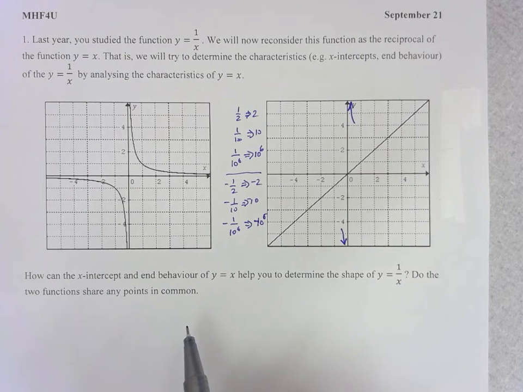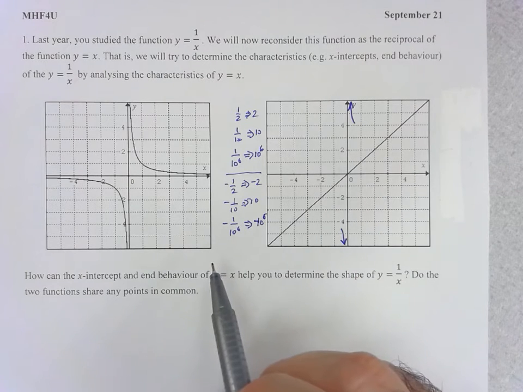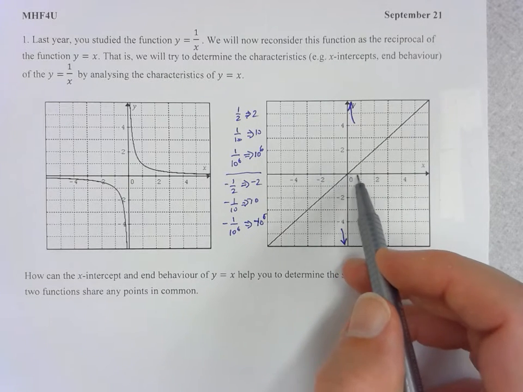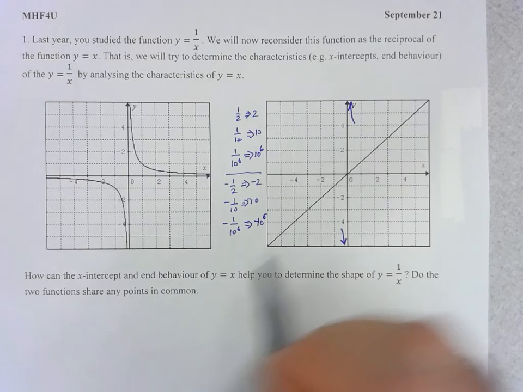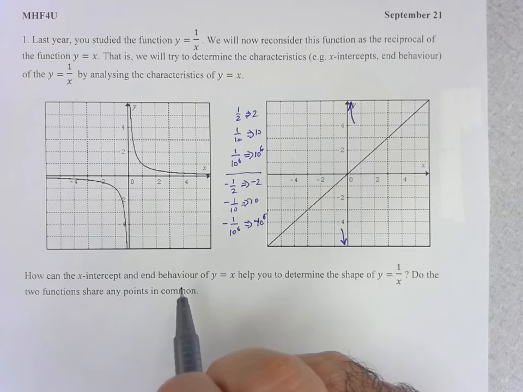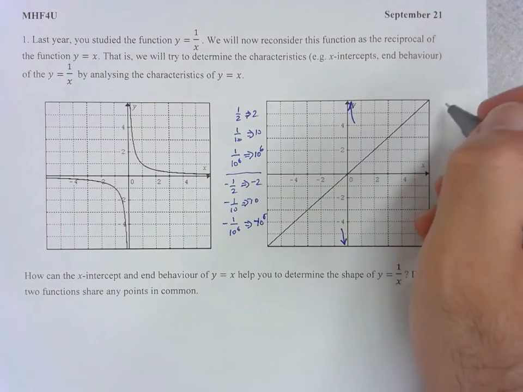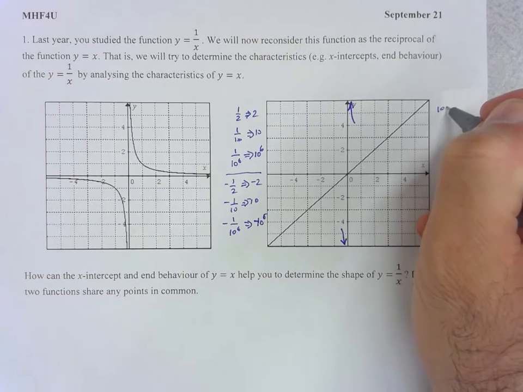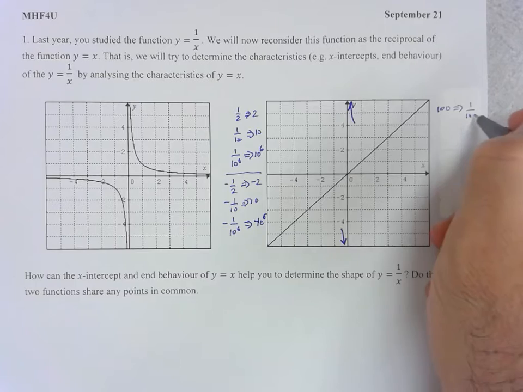Okay, let's move on to the end behavior of y equals x. As x approaches positive infinity, y approaches positive infinity. What's going to happen with 1 over x? When x is equal to 100, the reciprocal is 1 over 100.